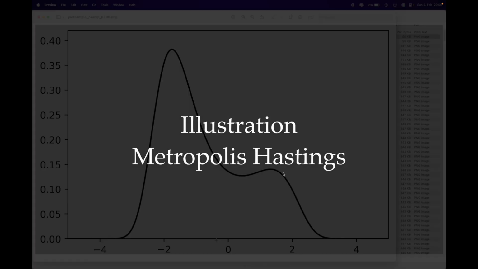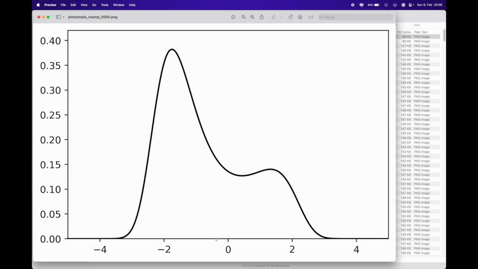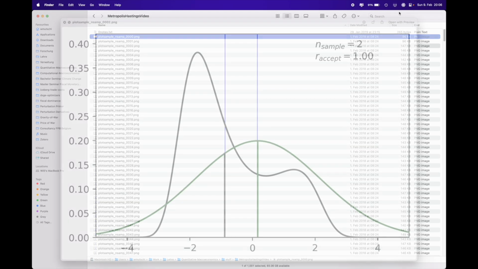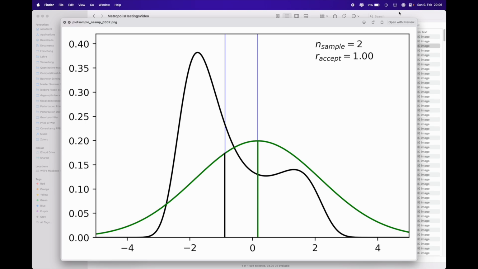Let me demonstrate this. Assume that this black line is the posterior, the true posterior distribution, and I don't know this distribution. So the first step is we have to find a proposal distribution, and we're going to use a normal distribution for this. The green curve is the proposal distribution, the normal distribution. It is centered at this value right here. Now the black vertical line right here is a new draw from this distribution.